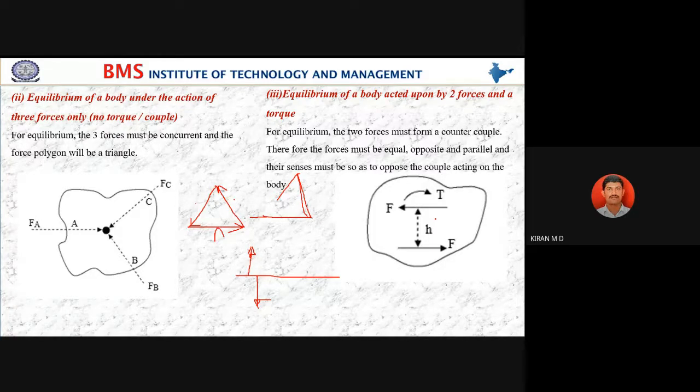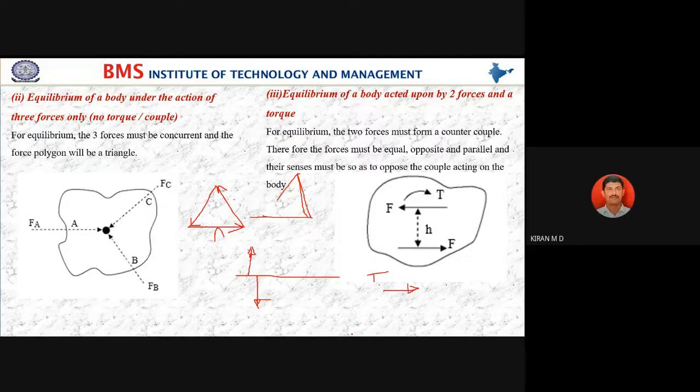Same rotation. If you want to achieve equilibrium, consider the torque you applied. What is the torque now? You are applying 1 Newton, so the total torque becomes force into distance, force into radius. Correct? Yes, sir.